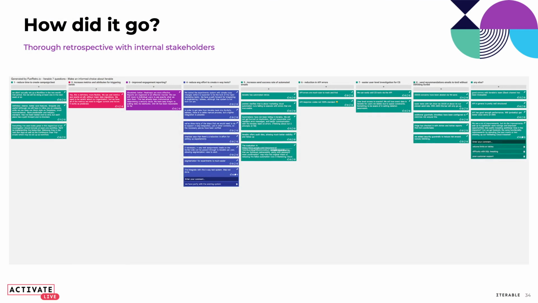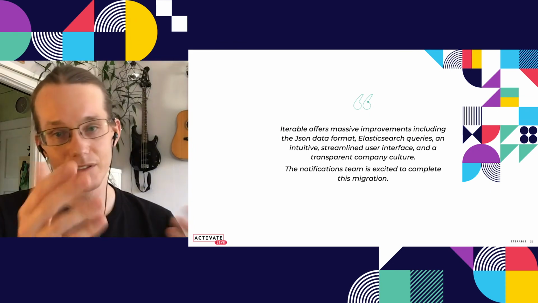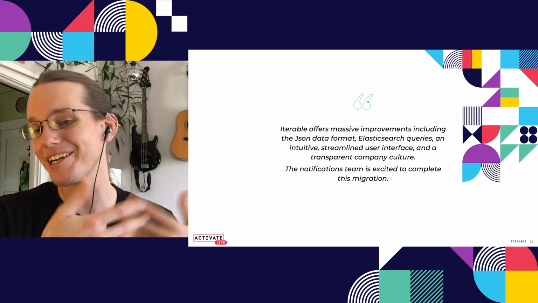And shortly after I came back, we had that retrospective internally, and I'm not going to walk through all of these. These are just the areas that we were evaluating to decide if we really wanted to commit Scrib to a multi-year relationship with Iterable. And the short version of this is, I'll read it out loud because I love this. I wrote it.